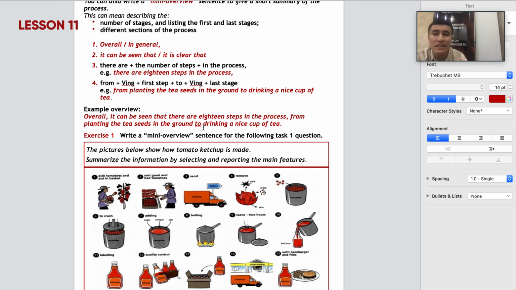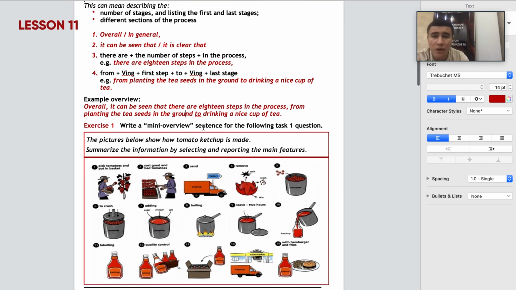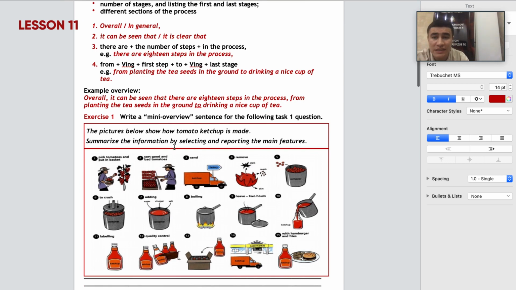As you can see, writing an overview for the process is not so difficult, but you should practice in order to get better. Let's consider this exercise here. You should write a mini overview sentence for the following Task 1 question, and here you have the title. The pictures below show how tomato ketchup is made.